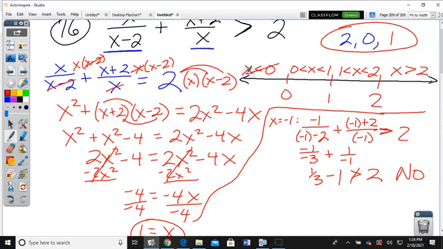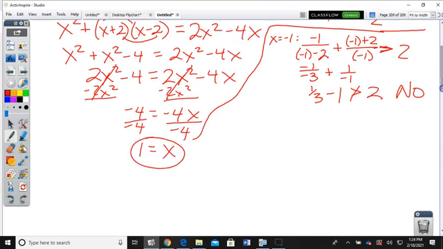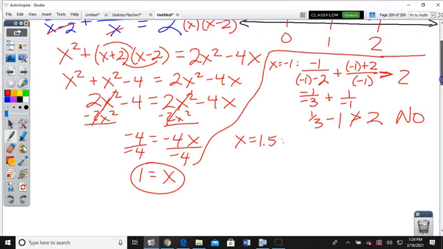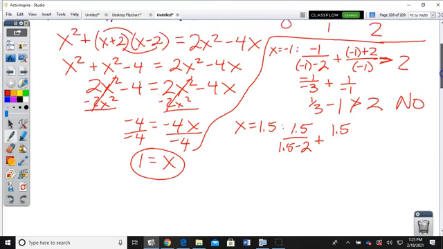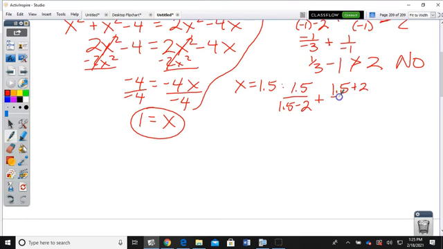So x less than 0 is not an answer. For our next one, between 0 and 1, I'm going to pick 1.5. So if x equals 1.5, we're going to do 1.5 over 1.5 minus 2 plus 1.5 plus 2 over 1.5.